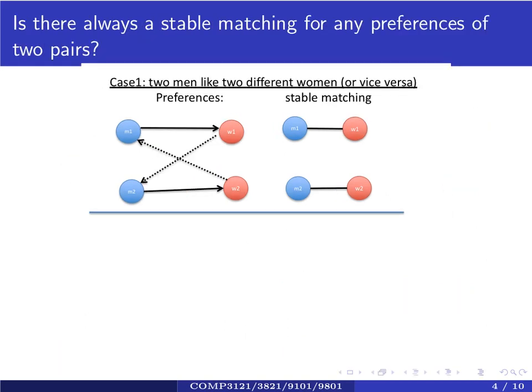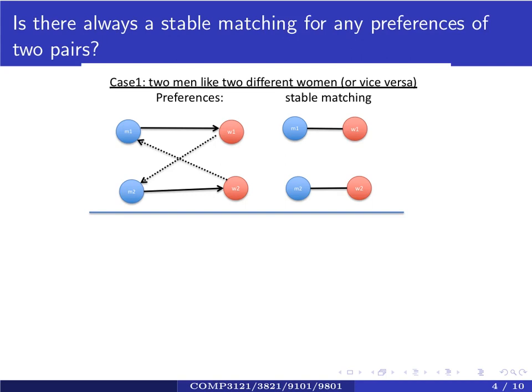But we should first see whether, working towards the solution of existence of stable matching, it's easy to verify that in case of just two pairs, no matter what preferences, there is always a stable matching. So the cases are that either two men like two different women, or two women like two different men.